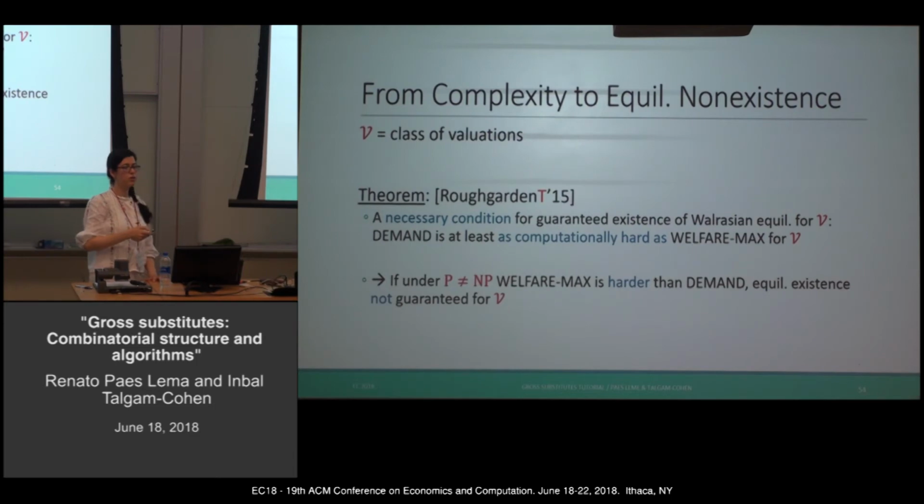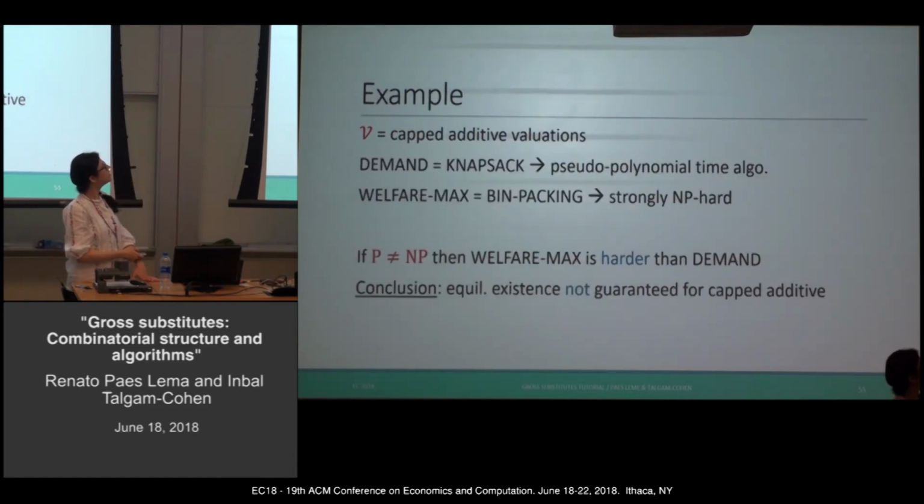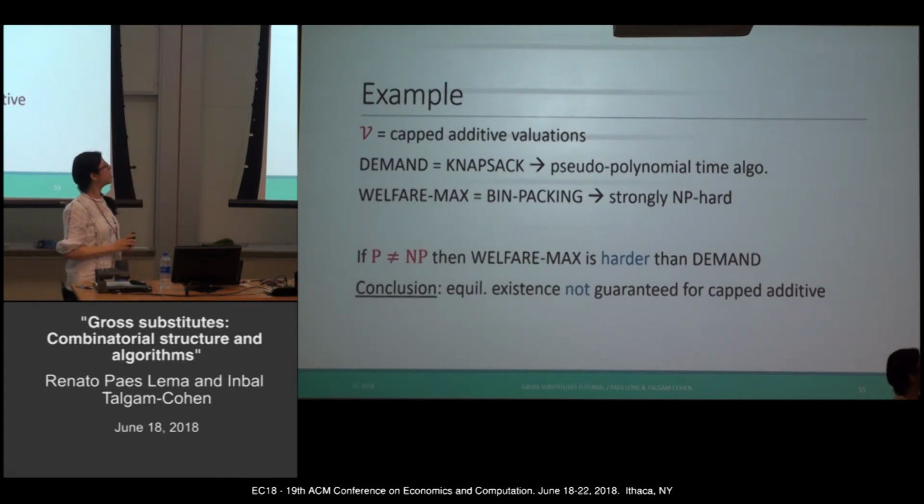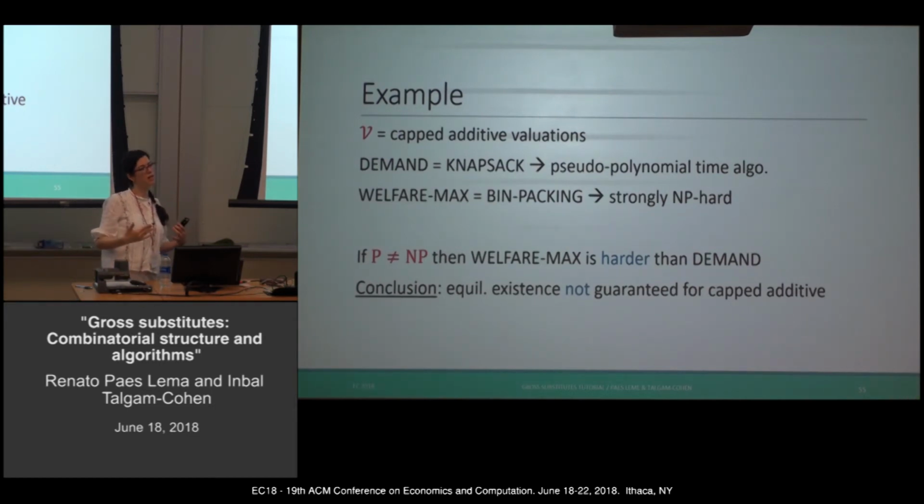And I want to show you a quick example. Let's say that this class of valuations is capped additive valuations. Without going into the details, if you're trying to maximize your demand and you have a capped additive valuation, then really what you're trying to do is fill a knapsack with items that you value until your cap. So it's equivalent to knapsack.